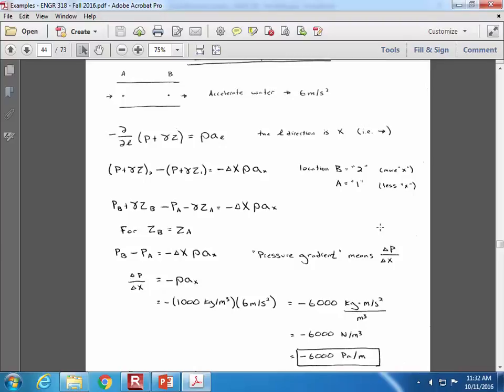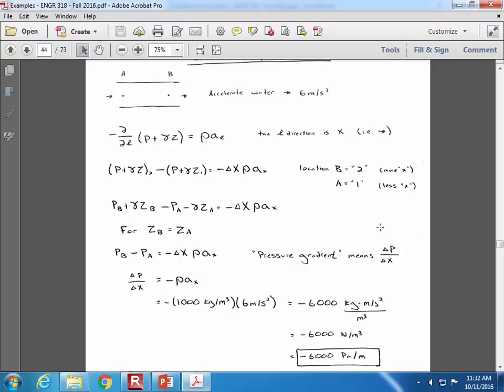And since this is water, that gives us a density of 1,000 kilograms per cubic meter. And the acceleration is 6 meters per second squared. And it's accelerating to the right, so we leave that as a positive value. So that means that the pressure gradient is going to be negative 6,000.